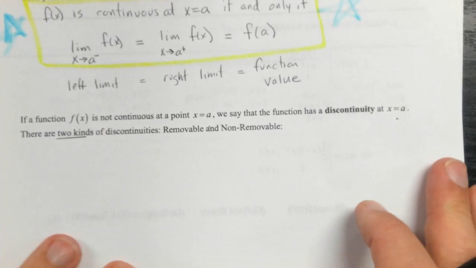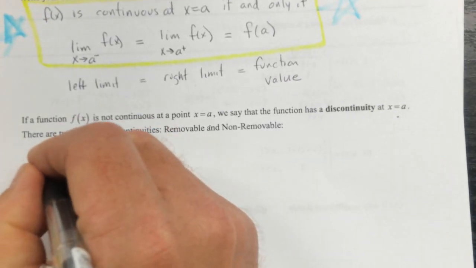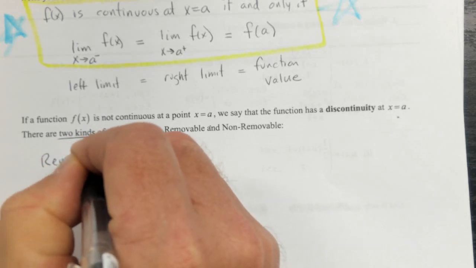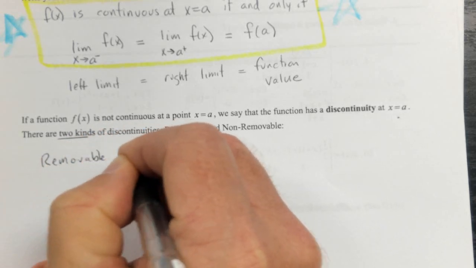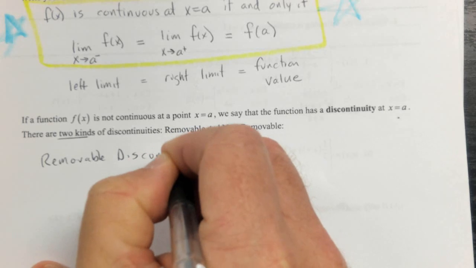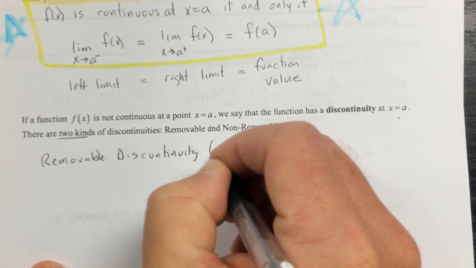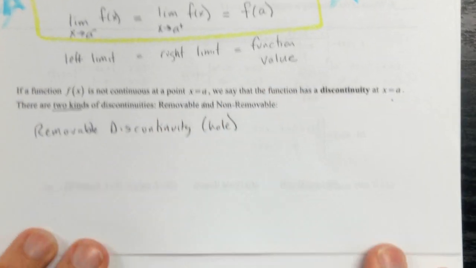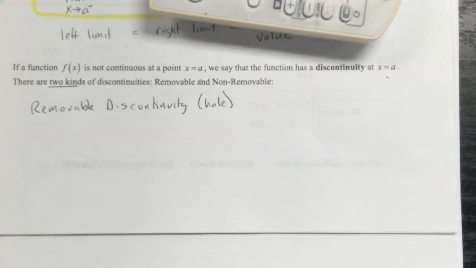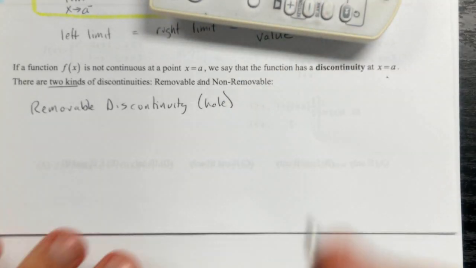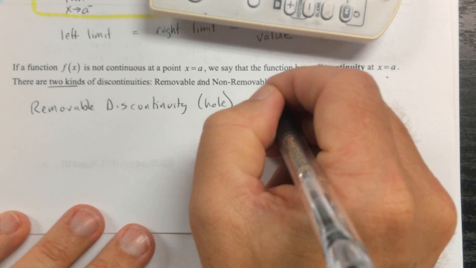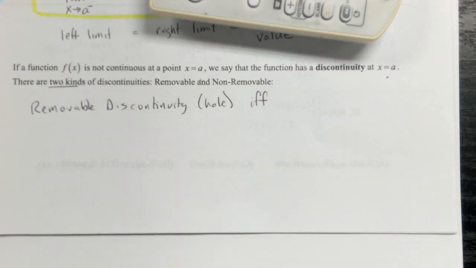Let's put the technical terms on those, or the technical definition here. Removable discontinuity, also known as a hole. If, with the two F's, right? If and only if.